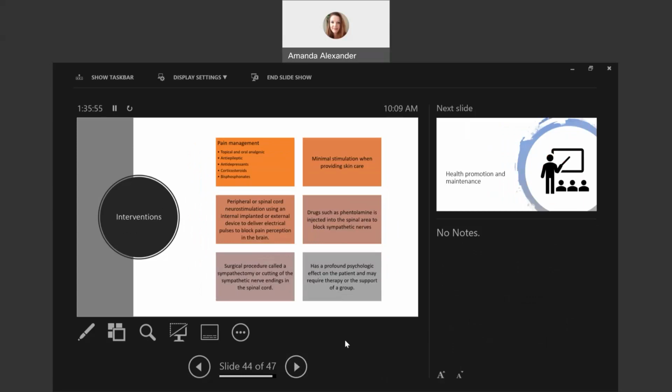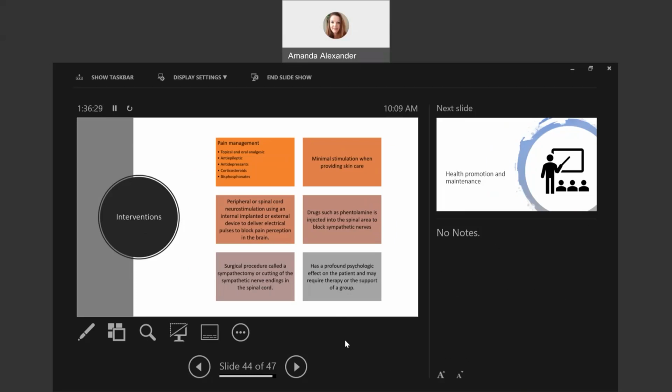Here are some interventions. So we're talking about pain management. You can use topical or oral analgesics. Sometimes we will use lidocaine topical patches to help with pain management. Anti-epileptic medications, antidepressants, corticosteroids, and bisphosphonates may help with pain management of a patient with this condition.